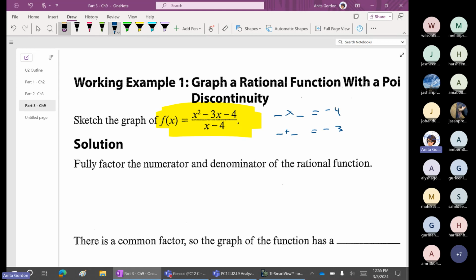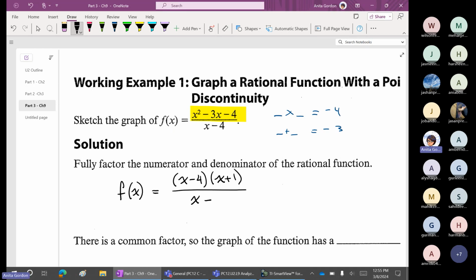I am factoring the numerator. What numbers would work? -4, +1. Okay, so my numerator is x minus 4, x plus 1, over x minus 4.